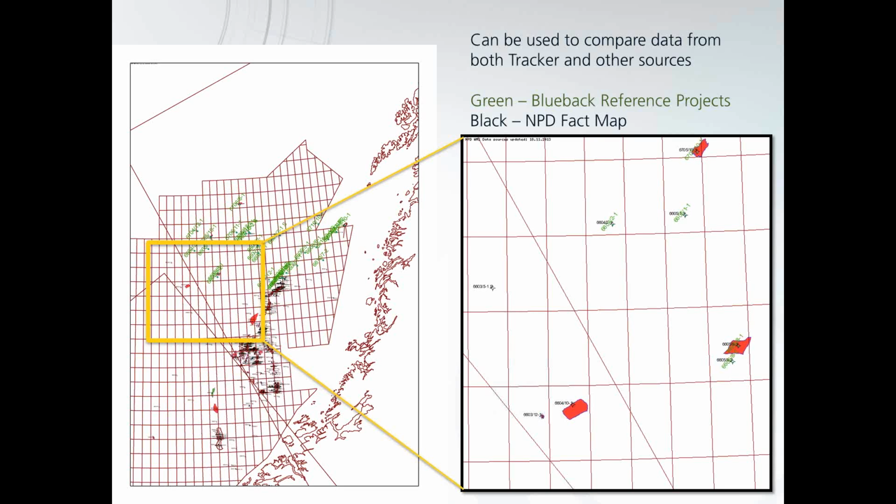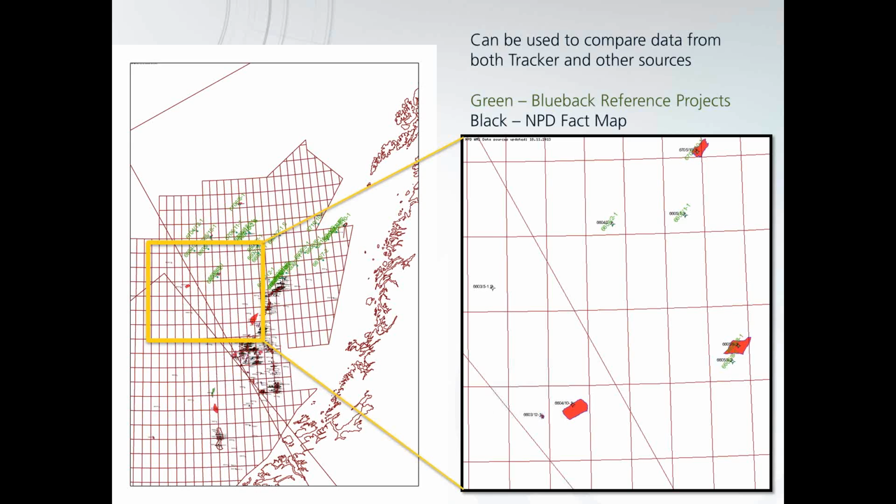Finally, this is the bread and butter of the spatial extension. This process makes it easier to compare our Petrel data with other sources. So in this example here, I've grabbed my wells in a certain area around mid-Norway, and I've colored them in green. So these are the wells from my reference projects.